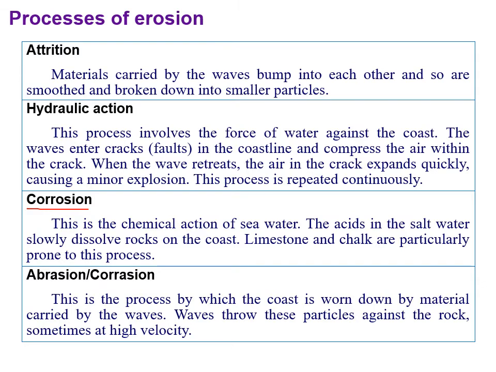The waves directly impact the coastal rocky landmass, and all the materials carried by the waves also fall with high energy on the coastal substrate or rock mass, and due to this impact, the rock body is fragmented into smaller particles. This is known as abrasion or corrasion.